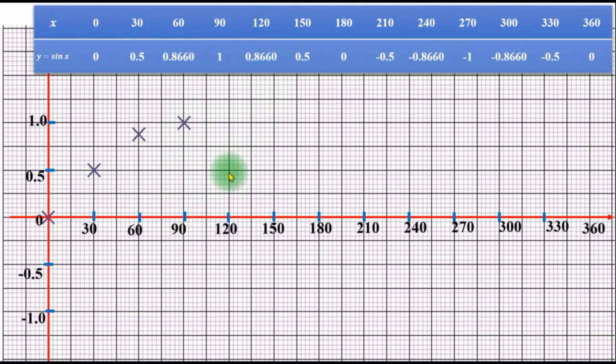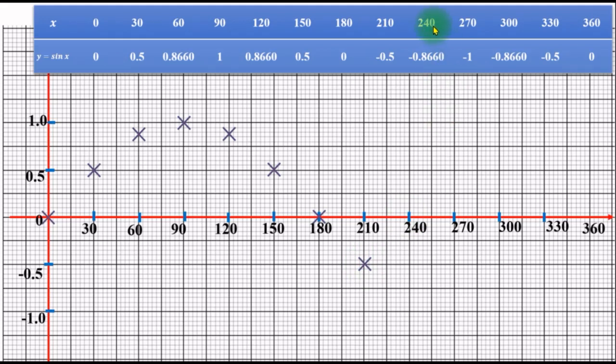Then 120, 0.87, at that point. When x is 150, y is 0.5. When x is 180, y is 0 at that point. Then when x is 210, y is minus 0.5 at this point.